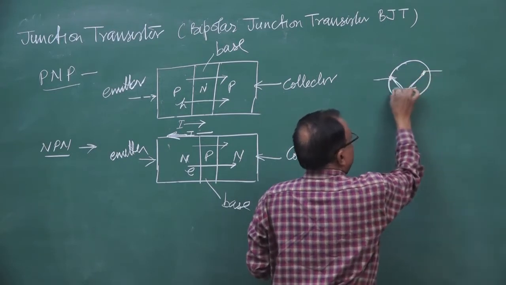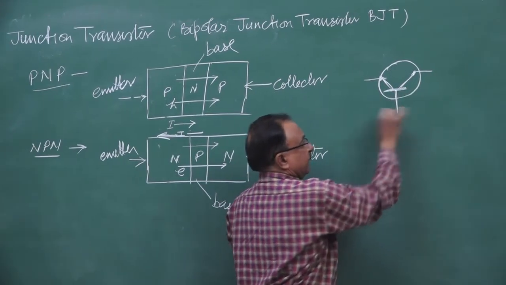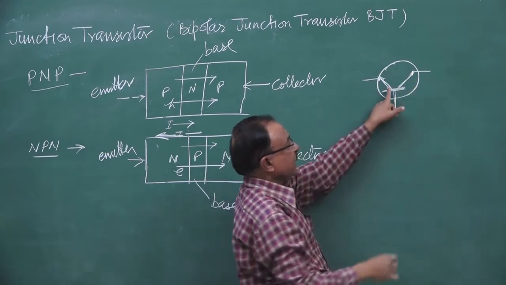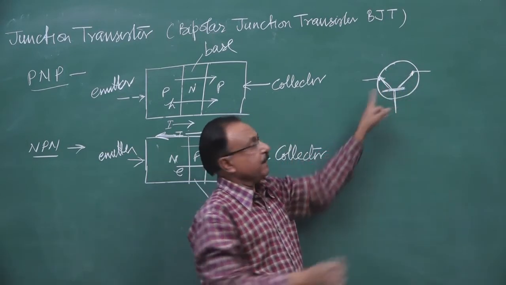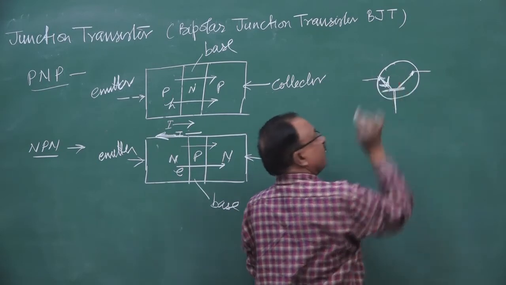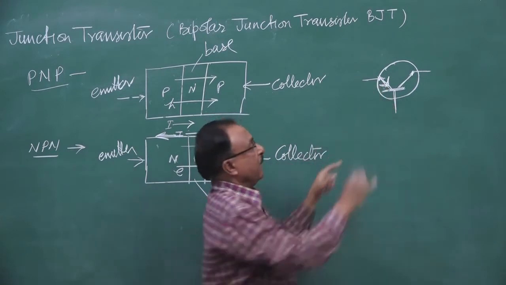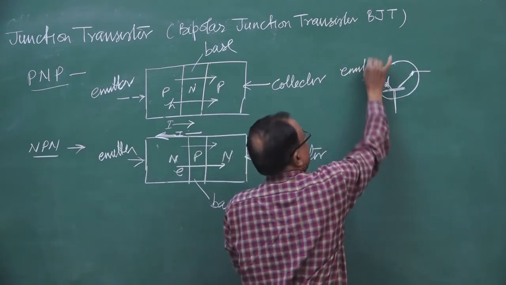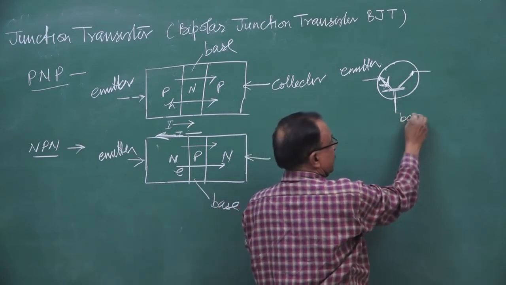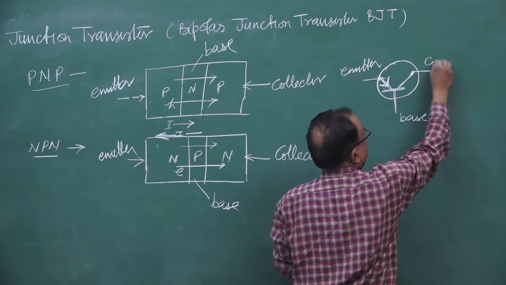Two lines on the T-like structure here, and similar in this one within a circle, one of the lines has got the arrow inward. The line on which we mark an arrow is the emitter. The T-type of the thing we call the base. And the other line without arrow is called the collector.